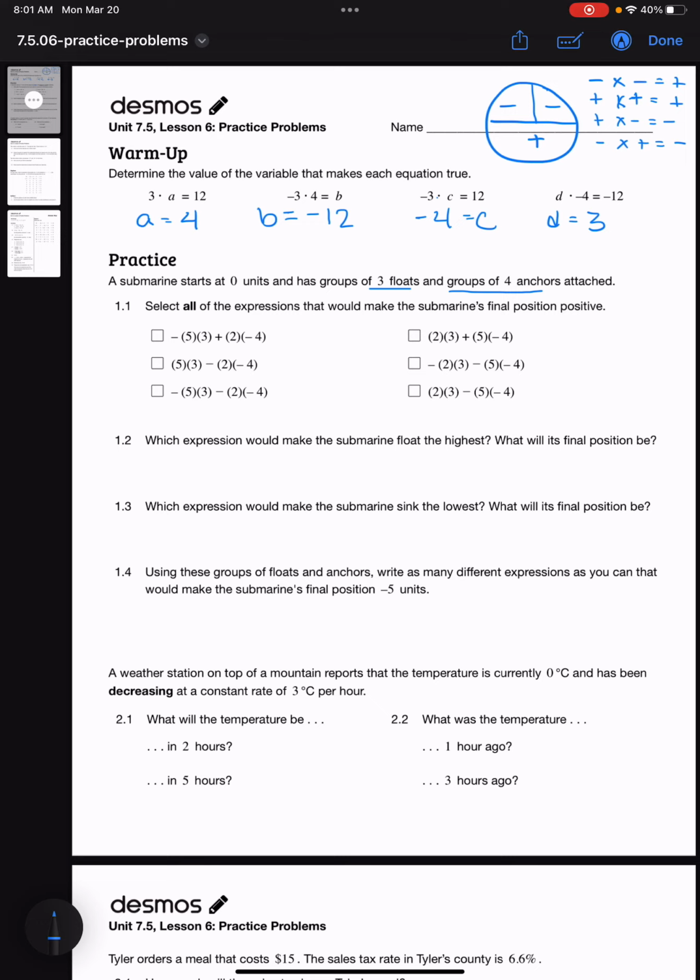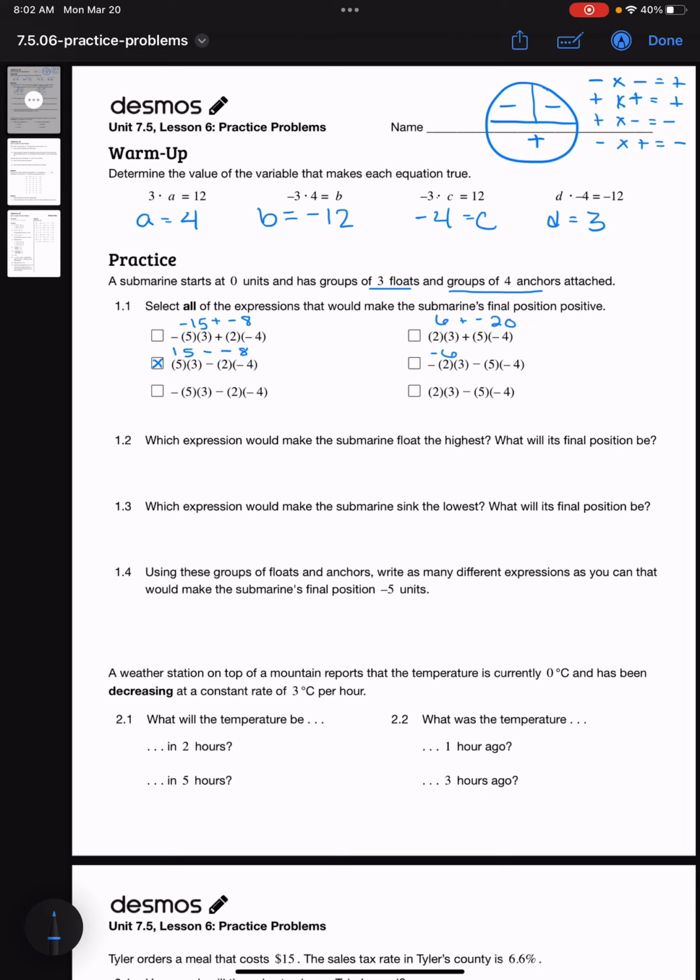So, I know that negative 5 times 3 is negative 15, plus negative 8, that's going to be negative. 6 plus negative 20 is going to be negative. 15 minus negative 8 would be positive.